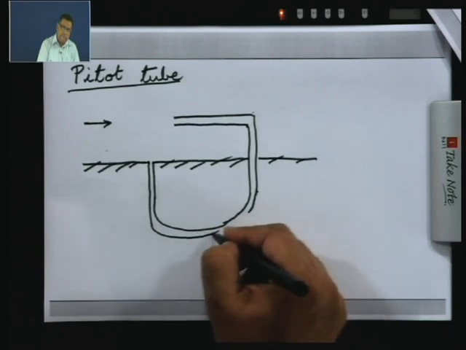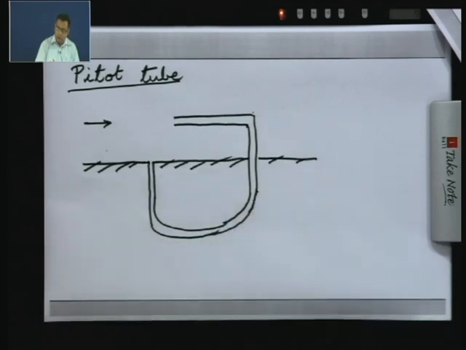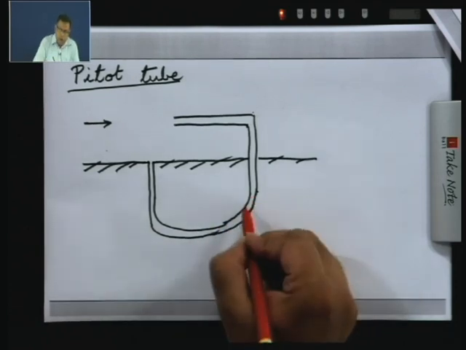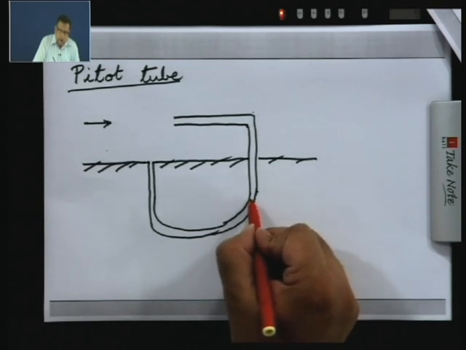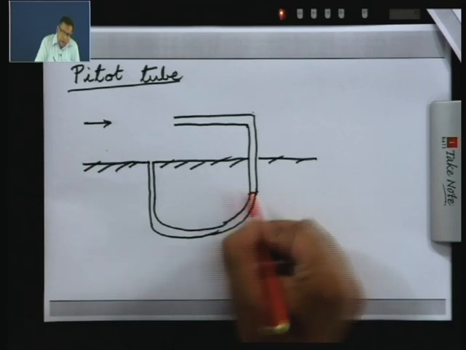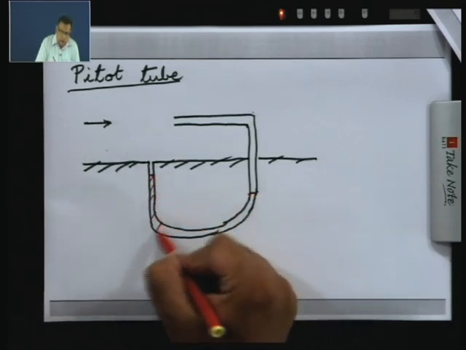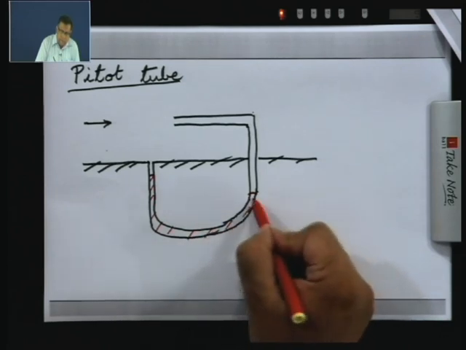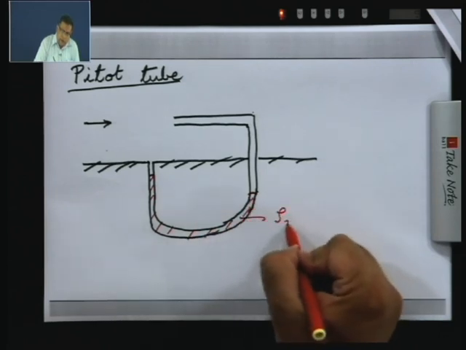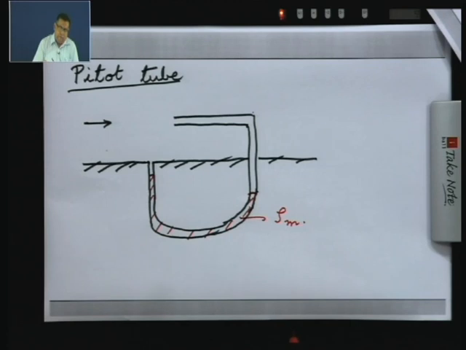you will find that if you have a manometer liquid here, the level here will be lower than the level here. So, this is your manometer liquid, let us say, with density rho m.